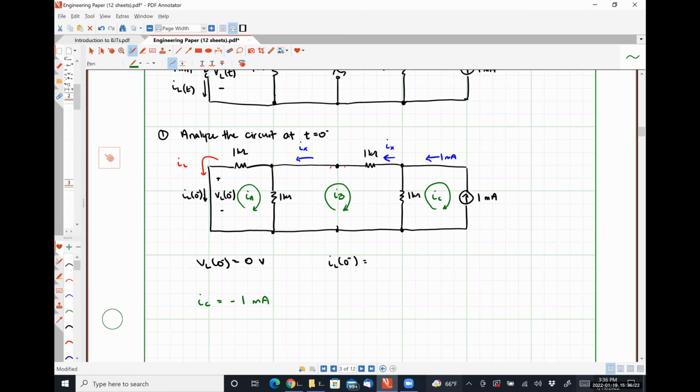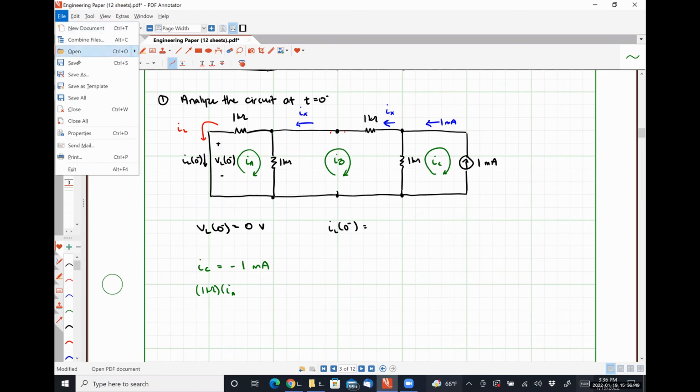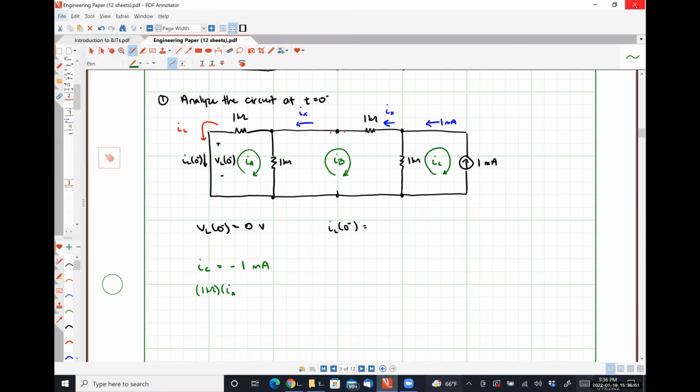All right. Now we would need to do Kirchhoff's voltage law loops around meshes A and B, right? So that would look like 1 kilo ohm IA. Let me save this and reopen it because it's going to keep doing this pop-up thing here that's going to drive me insane.